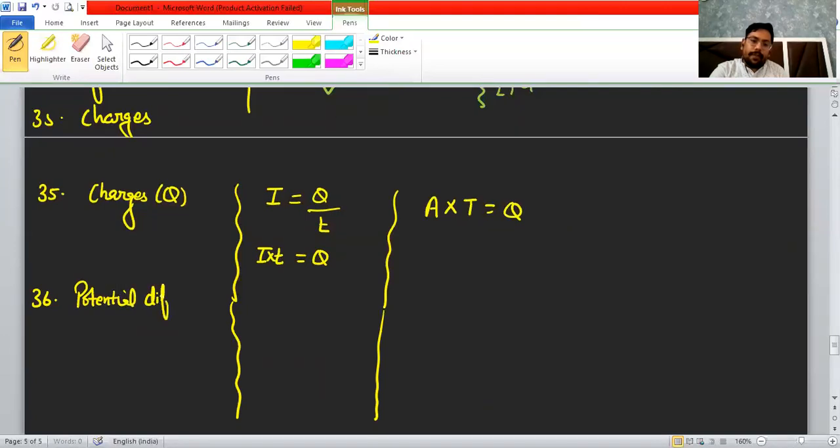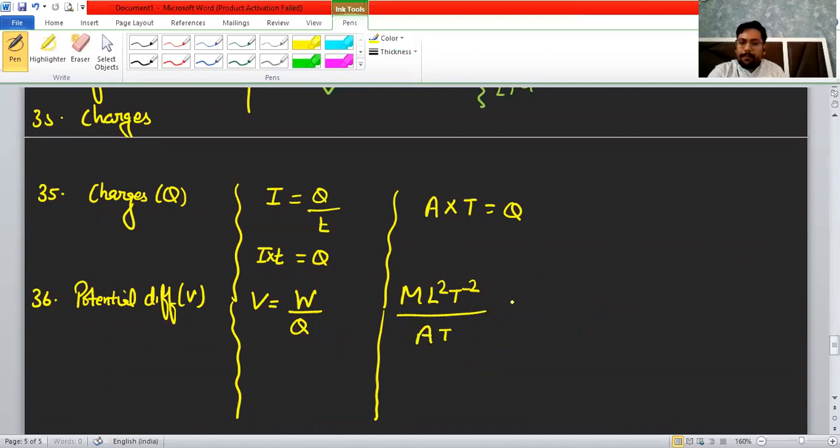Potential difference, shown by symbol V, is work done per unit charge, W by Q. So work done is ML^2 T^-2, and charge we know is AT. So we get ML^2 A^-1 T^-3.